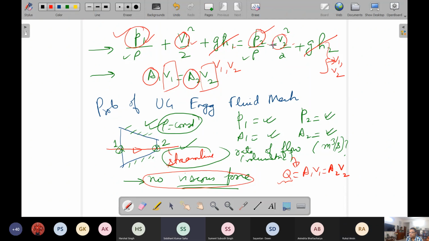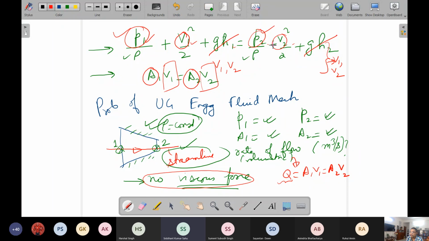Sir, points 1 and 2 may be located anywhere, not necessarily on the same streamline. So as we are considering points 1 and 2 on the same streamline, this equation gives the correct result. No. I mean, the point is not whether they have to be located on the same streamline or not. That we will discuss later on. But the point that we have to recognize is that they are still points.